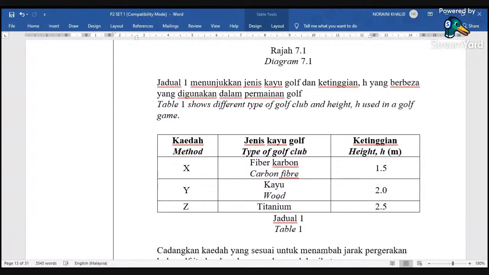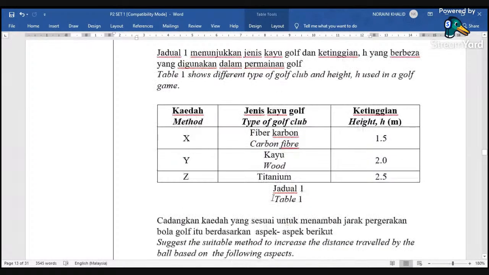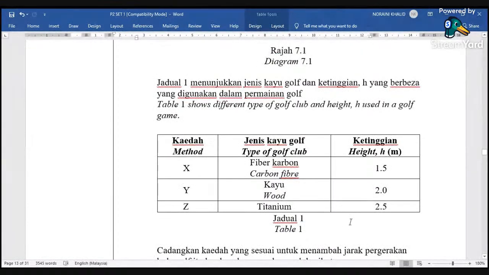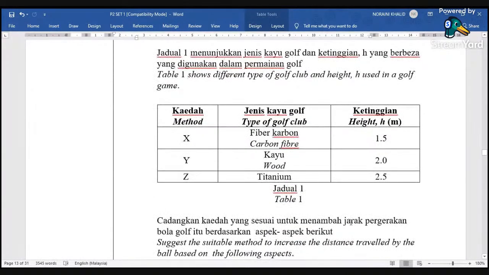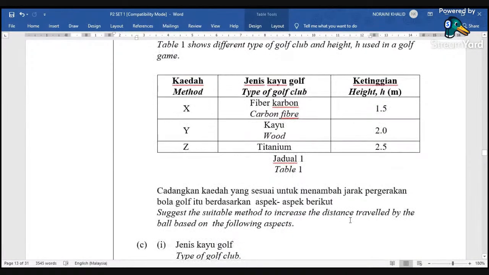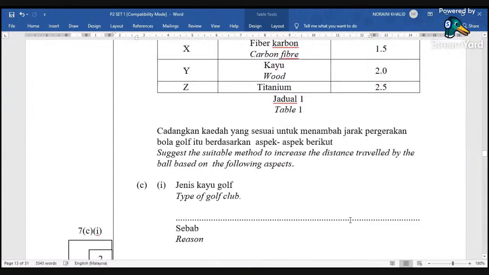Table 1 shows different type of golf club and height h used in a golf game XYZ. Suggest suitable method to increase distance travel by the ball based on the following aspect. So this topic is about the ball need to move further. So this one is topic of momentum.